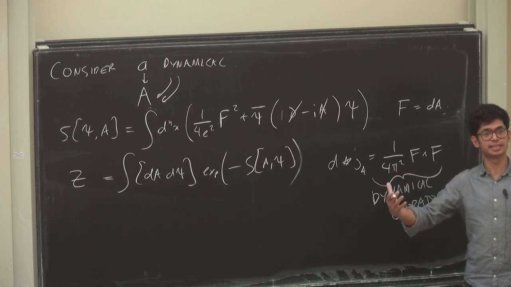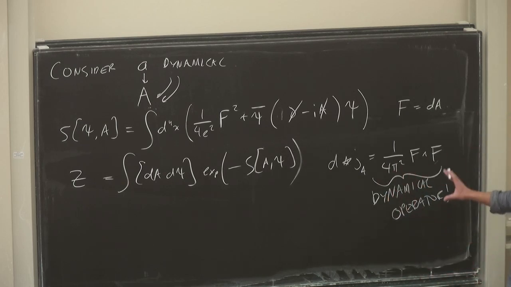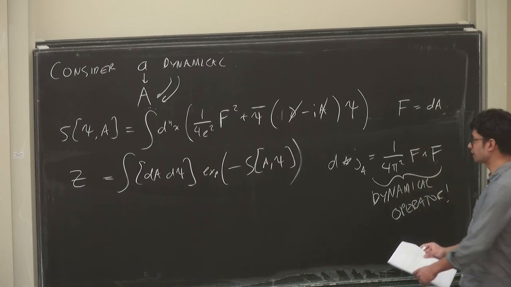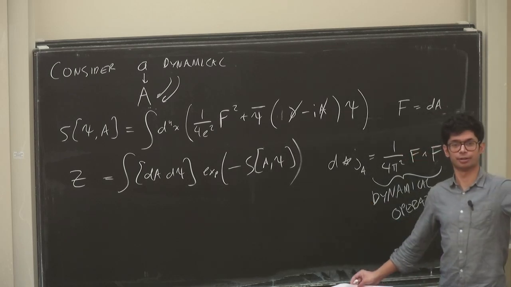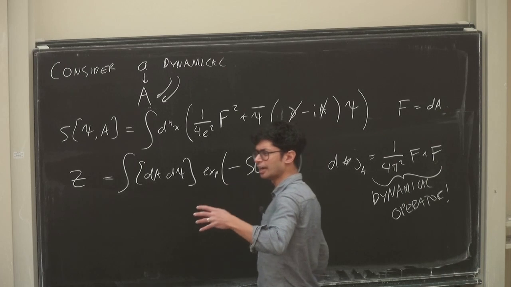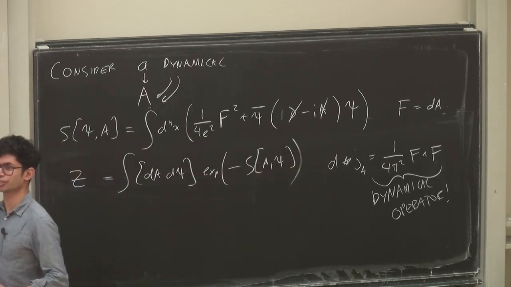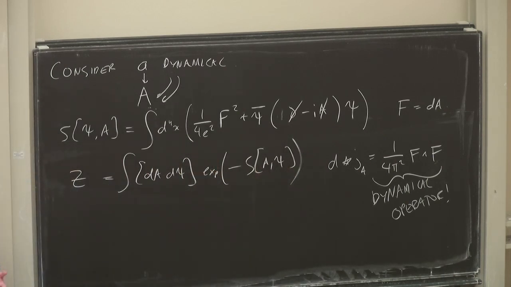And that gives this anomaly a very different character. Because now it looks like the divergence of the current is just some other random operator. And typically in life, when you have a current and its divergence is just something, you don't call that a symmetry, you just call that a vector field. So this looks like it's much worse than before.